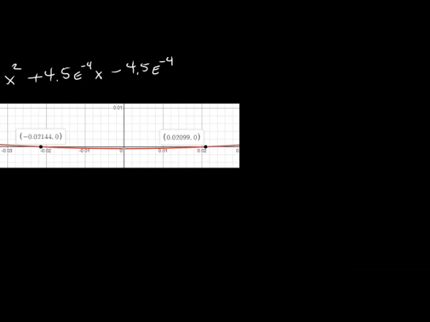And we can see that our two answers are negative 0.02144 and 0.02099. However, there is no such thing as negative concentration, and so this negative answer is a false answer. Typically, if you're in a position where a negative answer makes sense, it means there was an error in your earlier setup.